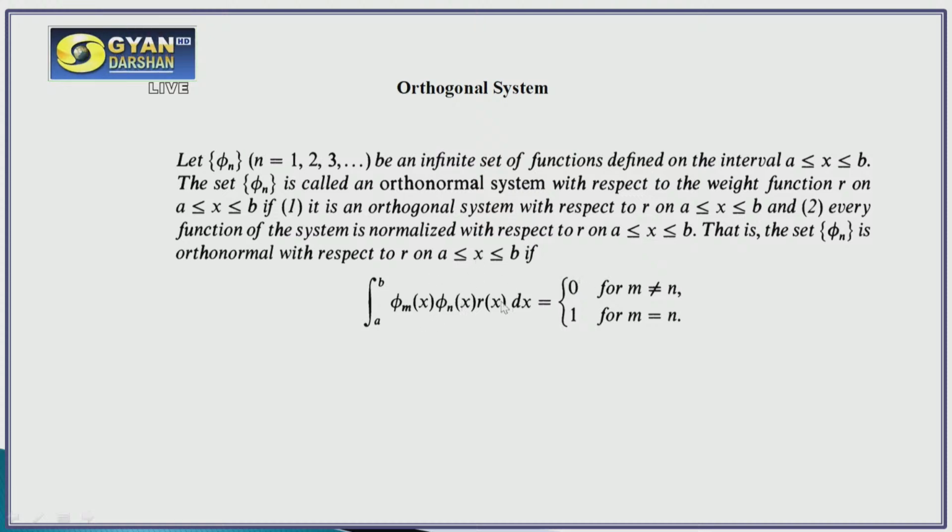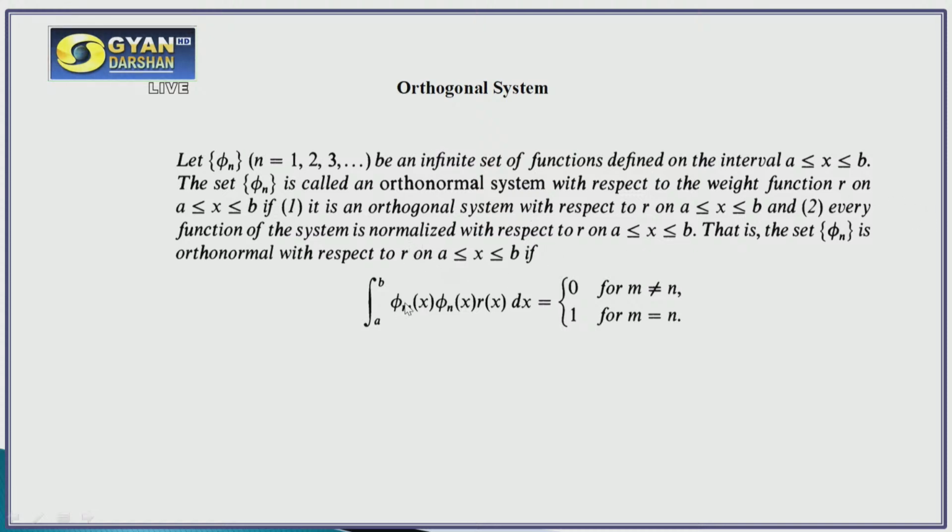And again, we combine it with our definition of a normalized function, where if we take m equal to n and it leads to 1, then if you combine these two properties, we say this is an orthonormal function. So there are two properties: one is that this is an orthogonal system, and another is that it is a normalized function.